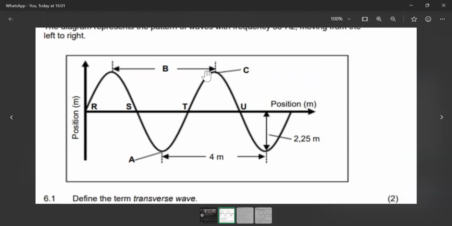Well, it's just one full wave. So in other words, what they're saying is calculate the period of this wave. Because I told you that the period is the time taken to complete one cycle, or the time taken for a complete wave to move past a fixed point.